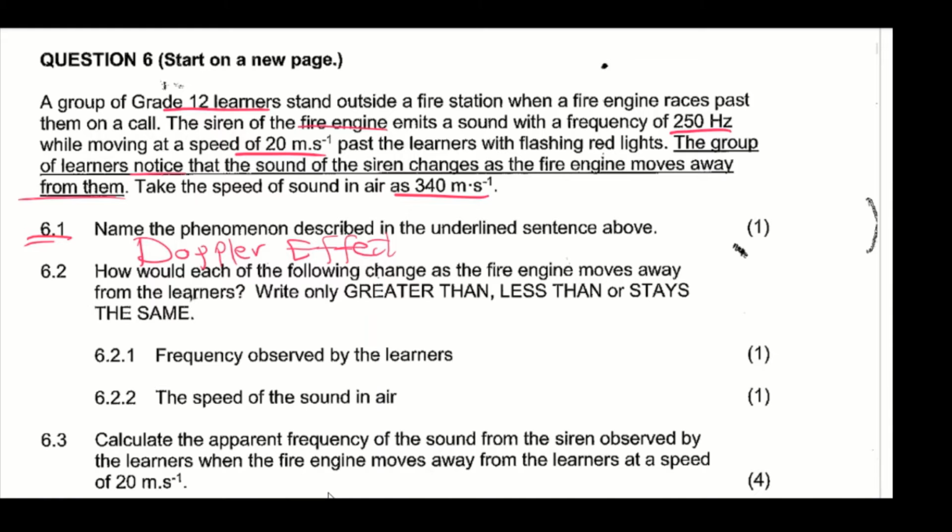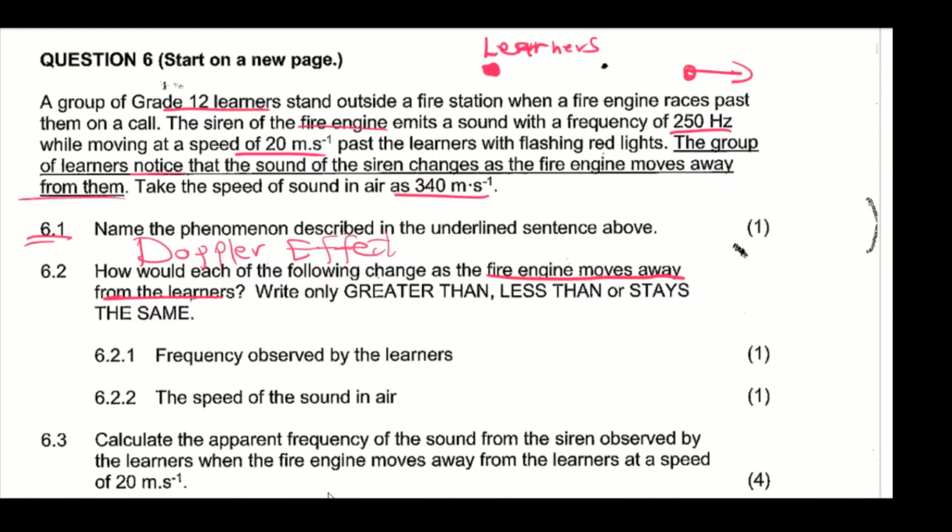And then 6.2 says, how would each of the following change as the fire engine moves away from the learners? So let's say, for example, these are the learners. This point here is the learners, and this is the fire engine moving in that direction.